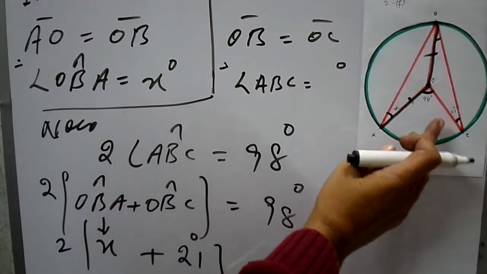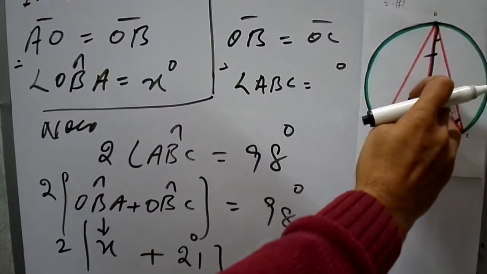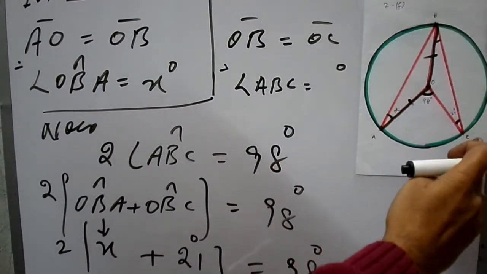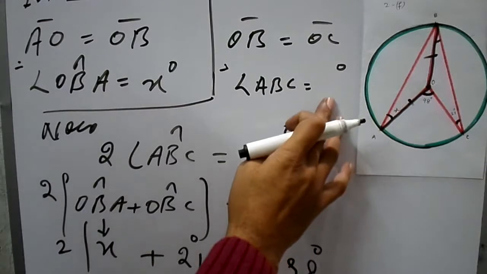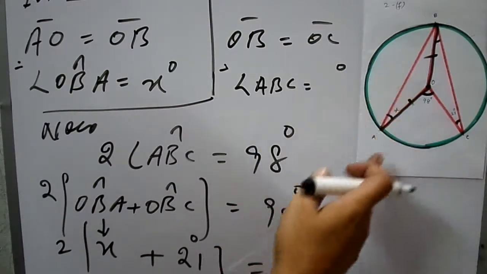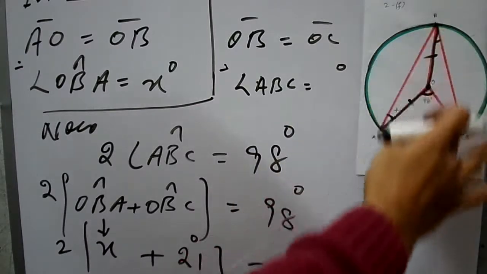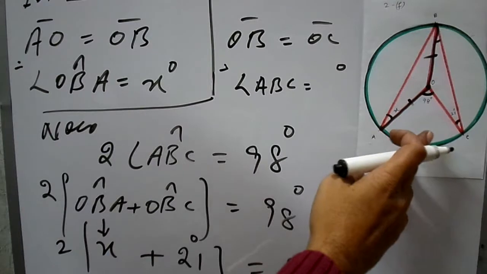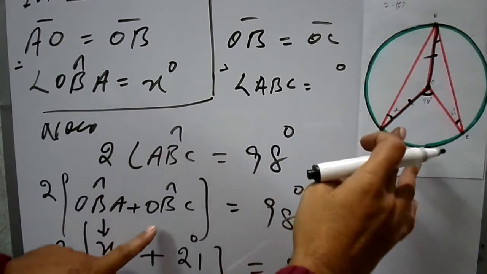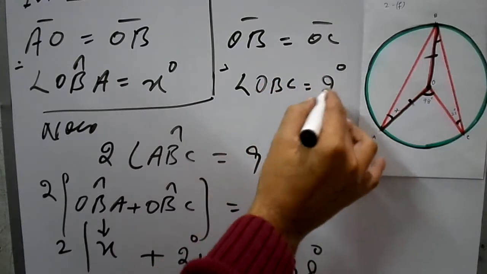In this triangle, the value of OCB and the value of OBC, both are equal, so it should be 21. It should be noted that actually it is OBC, not ABC. That is 21 degree.